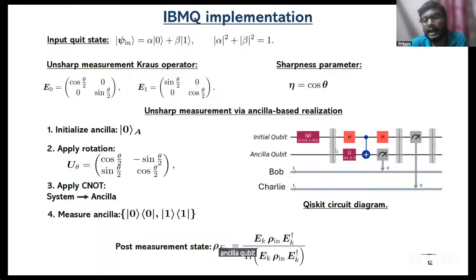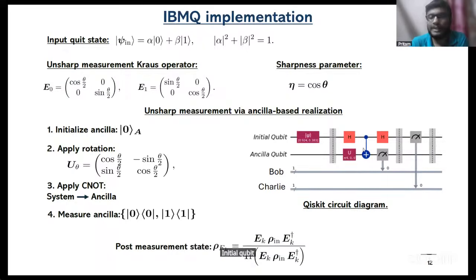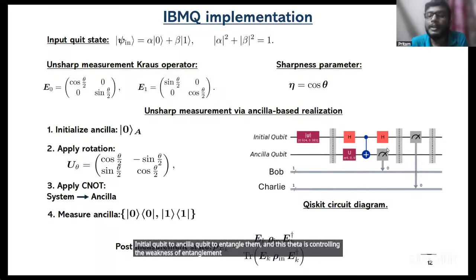From this barrier to this barrier is Bob's measurement. You can see there is a unitary gate acting on the ancilla based on theta, and we then apply a CNOT from the initial qubit to the ancilla qubit to entangle them, and this theta controls the weakness of the entanglement.